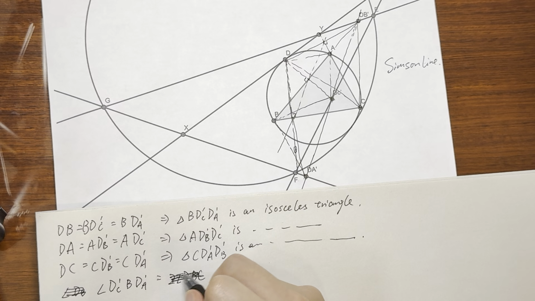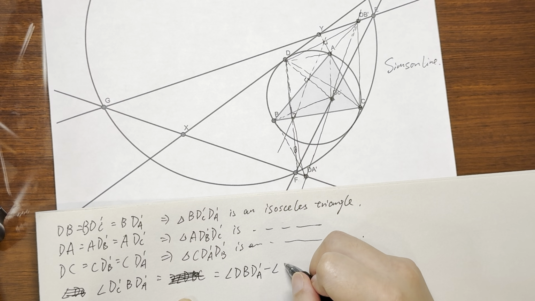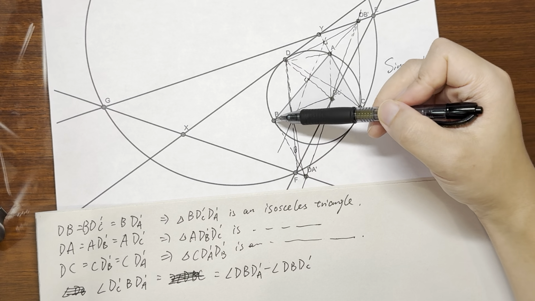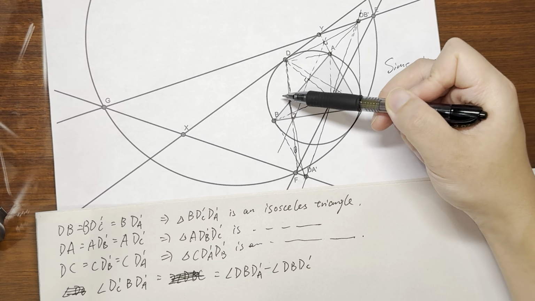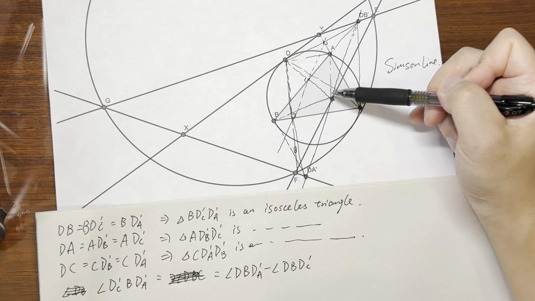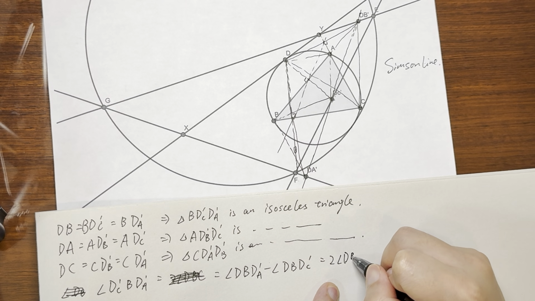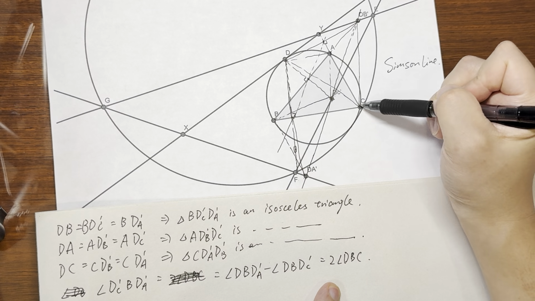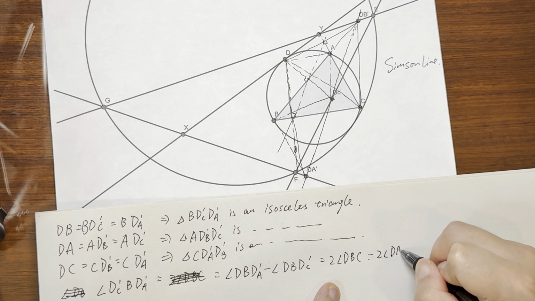Let me write it down like this. It equals angle DB DA prime minus angle DB DC prime, right? The angle DC prime B DA prime equals angle DB DA prime minus angle DB DC prime, which equals twice of angle DBC, right? Because angle DB DA prime is twice of angle DBC, minus twice of angle DBA, right?